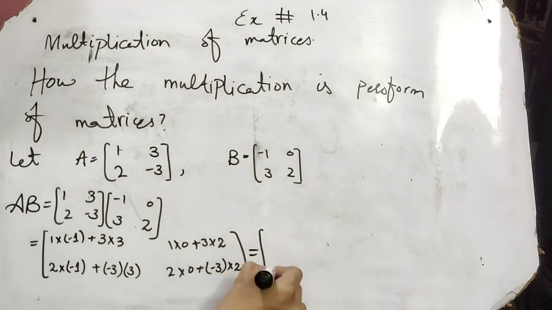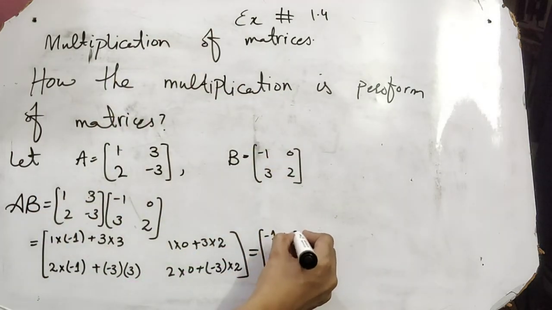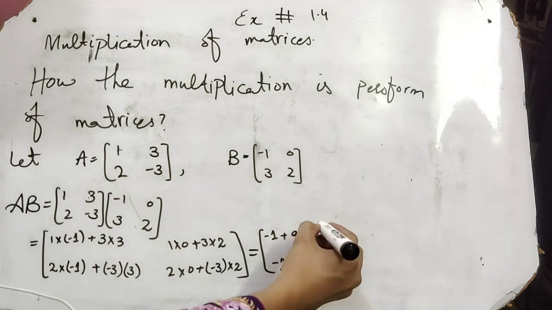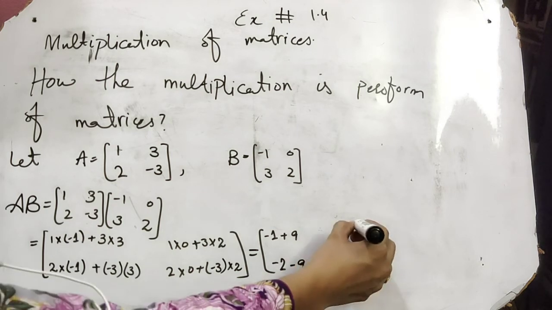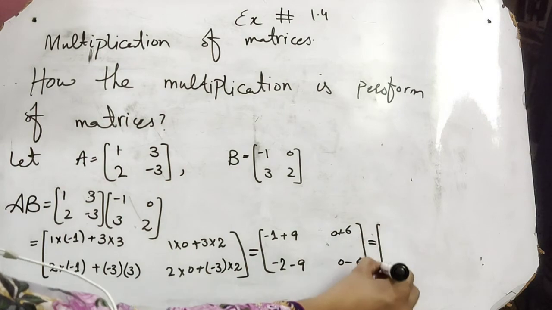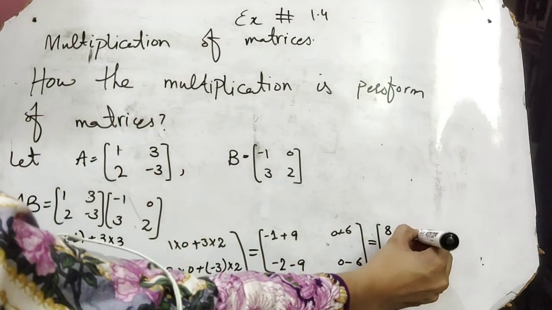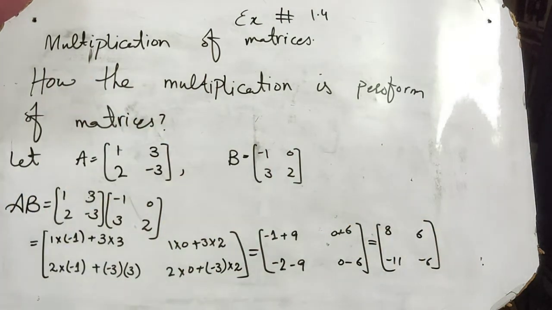So it would be equal to minus 1 plus 9, minus 2 minus 9, 0 plus 6, 0 minus 6. So it will be equal to 8, 6, minus 11 and minus 6. So it is the product of AB.